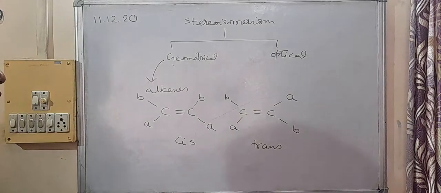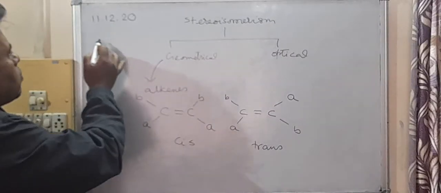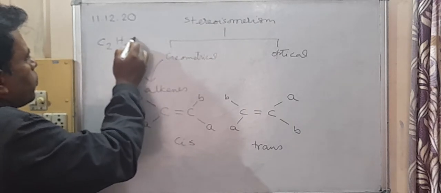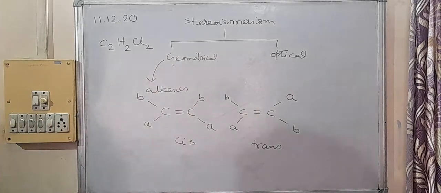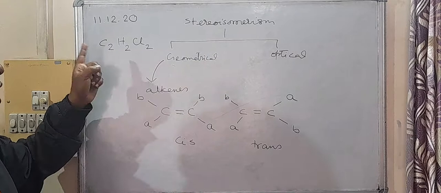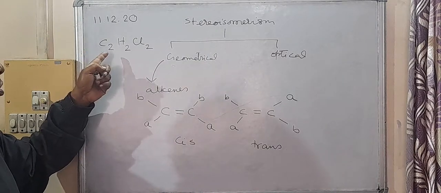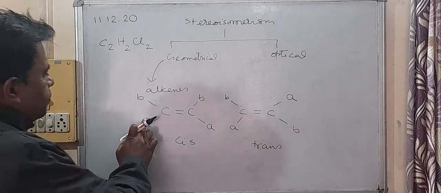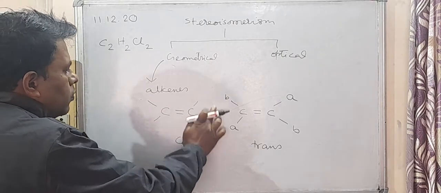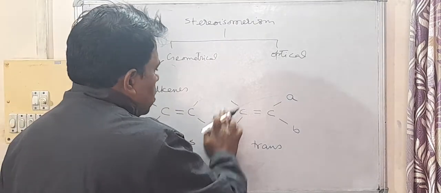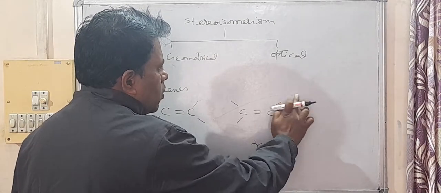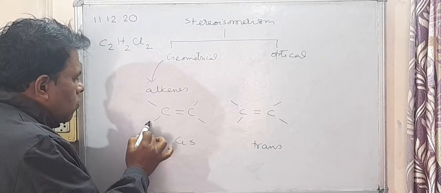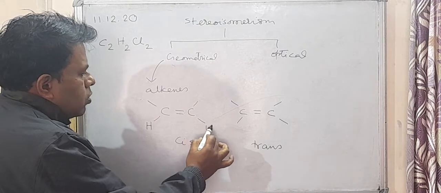Now suppose this compound, C2H2Cl2, you are asked to draw its geometrical isomers. So the answer will be like this. Since we have two hydrogens, suppose one hydrogen is here and one hydrogen is here.